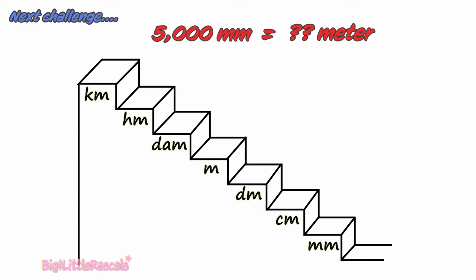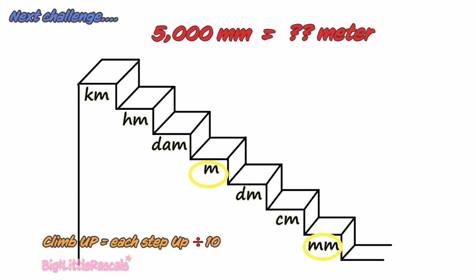5,000 millimeters is how many meters? First, find where the millimeter is. There it is. Then find the meter. Then you need to jump up from millimeter to meter. Remember the formula.